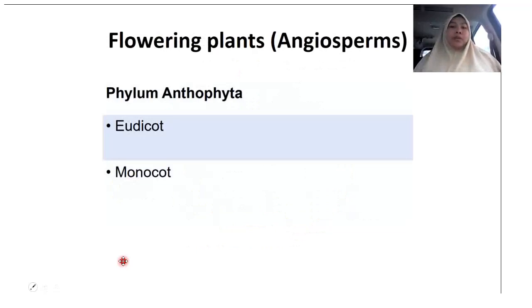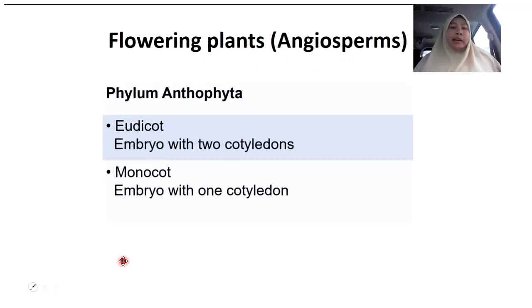Before we end, a little bit more that you need to know is the differences within the angiosperms. Since there is only one phylum Anthophyta, the plants in this phylum are divided into two: either eudicot or monocot.